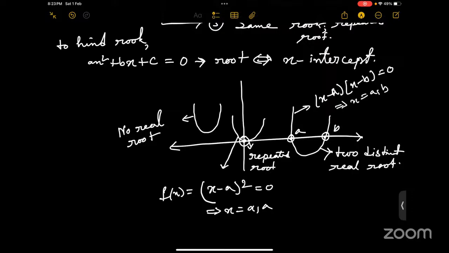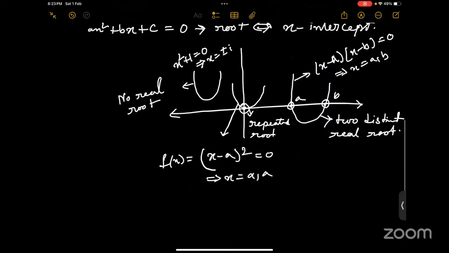And for example, if I take x squared plus 1 equals 0, then the roots will be x equals plus minus iota. So both the roots are complex. That means no real roots. So we got three different types of examples. First one was of no real roots. Second one was of two similar or repeated real roots. And third one was of two distinct real roots.